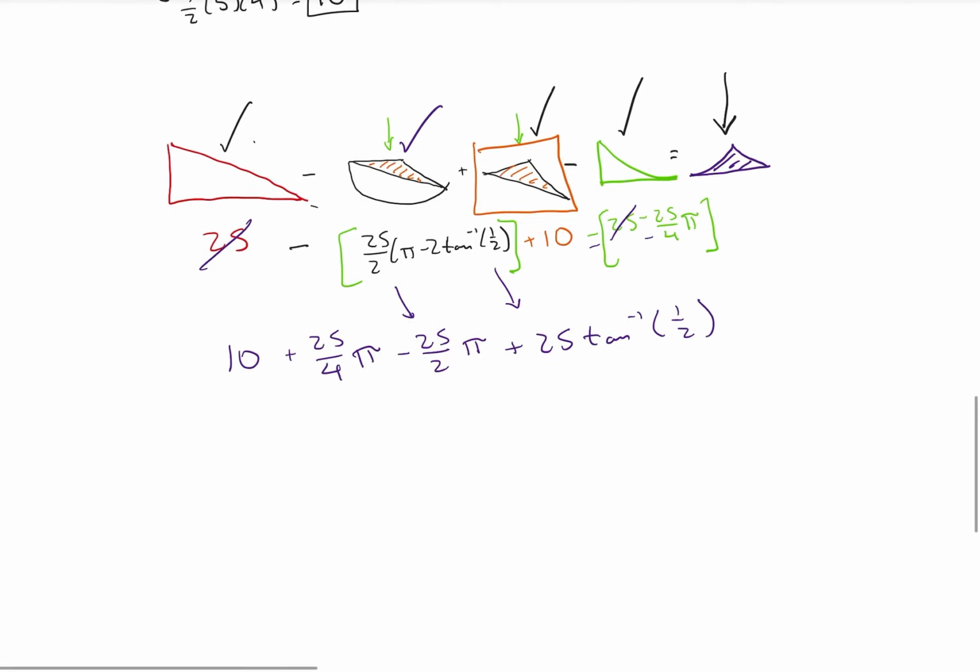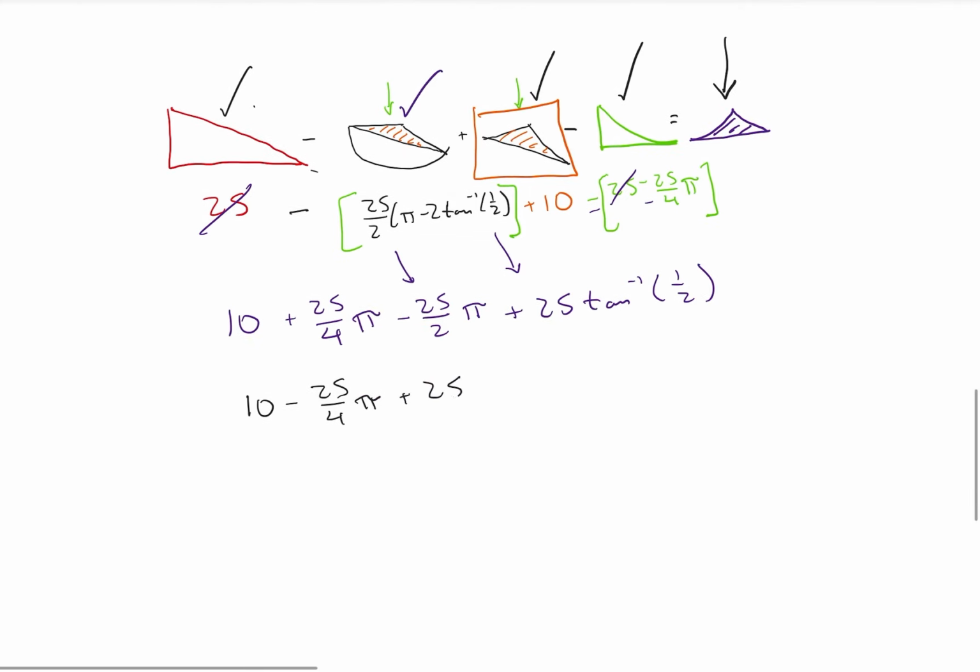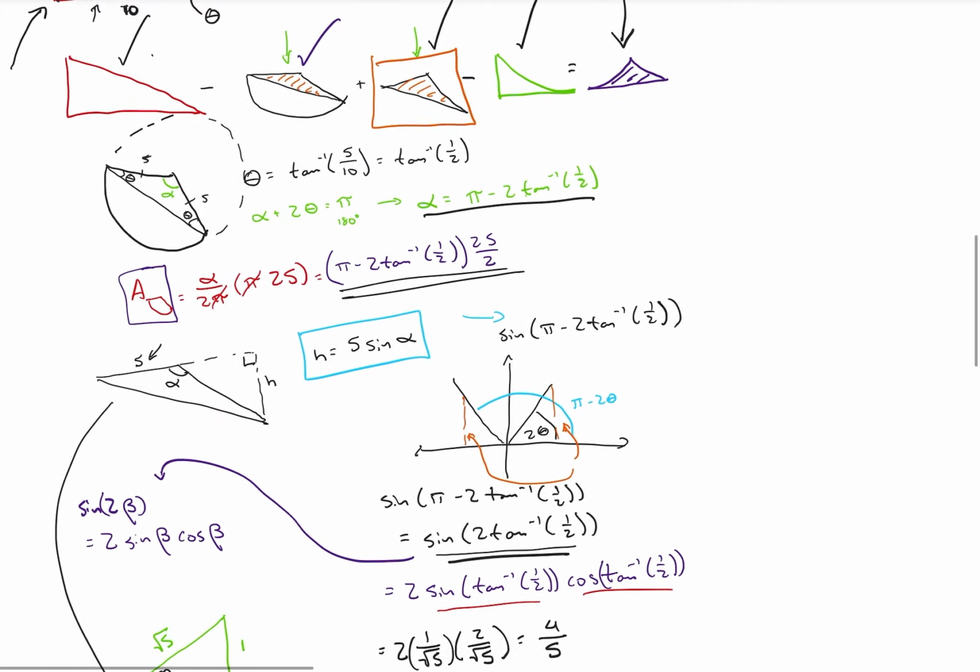Okay, so now I'm going to get, as my answer here, 10 minus 25 over 4 pi plus 25 tangent inverse of 1/2. Okay, and this is the area of my little region down there in the corner.